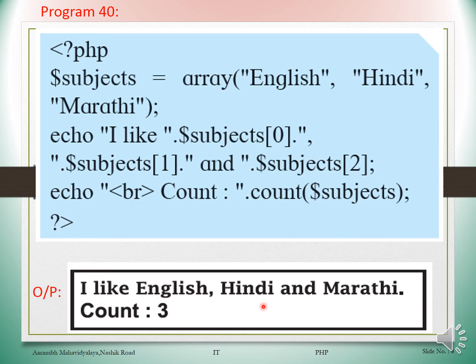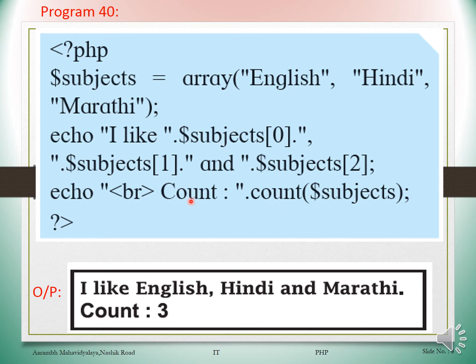Then we have provided a comma. Again the same thing, $subjects 1, it is Hindi, it is displayed here as it is, and then $subjects 2 as Marathi. That means by using this statement, I like subject 0, subject 1 and subject 2, as I like English, Hindi and Marathi. Then we have again displayed the count of these subjects by using echo and the count function.